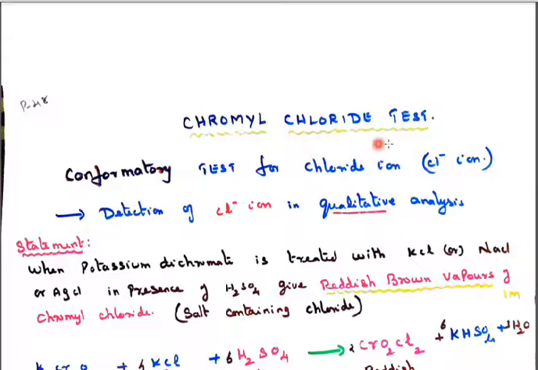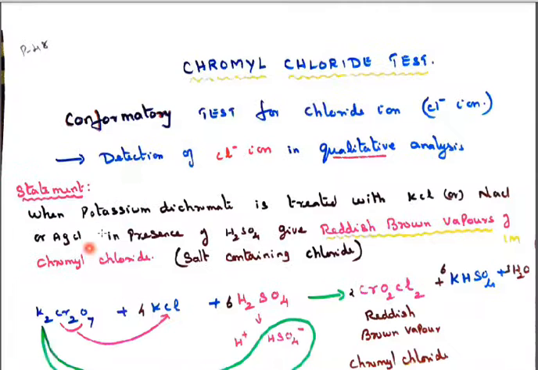In this chromyl chloride test, the reddish brown vapor comes out. That is the important thing for getting 1 mark. Reddish brown vapor comes out when you add potassium dichromate with the sulfuric acid. So let us see the statement.